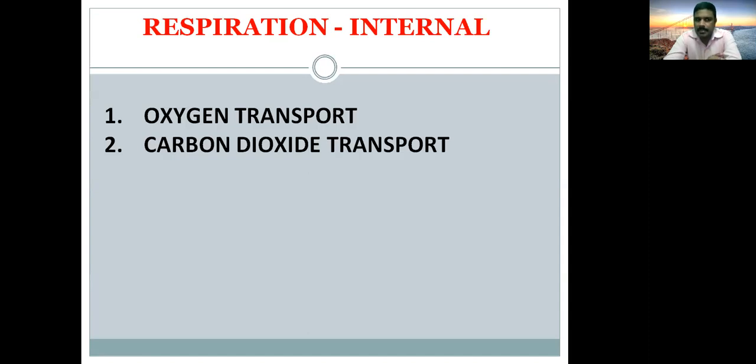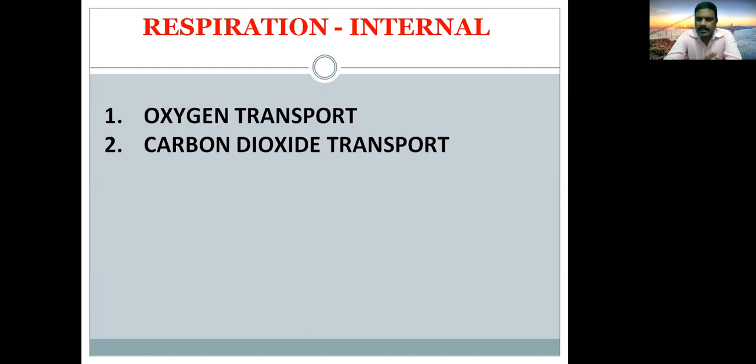Oxygen is being pumped into the blood by the lungs, and blood is supplying this oxygen to the tissues. On the return journey, blood takes carbon dioxide from the tissues, and after coming to the lungs, it gives carbon dioxide to the lungs, and finally the lungs send carbon dioxide out of our body.